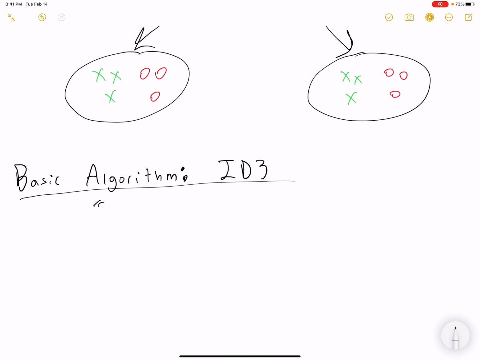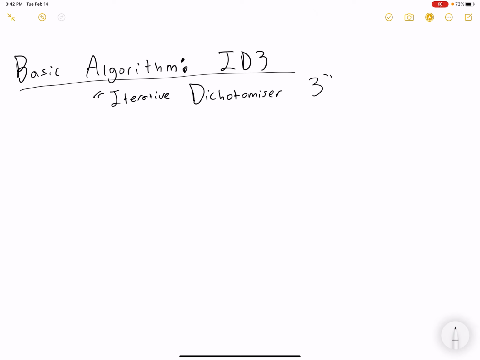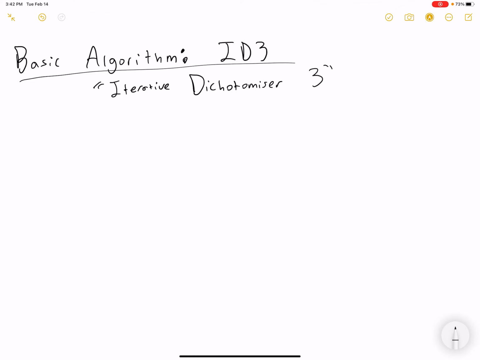Happens to stand for iterative dichotomizer 3. Kind of a cool name, not really important that that's the name, other than if you create new machine learning algorithms, you could kind of name them whatever you want. So they named this ID3. I assume it's the 3rd iteration of their iterative dichotomizer algorithm that they made.